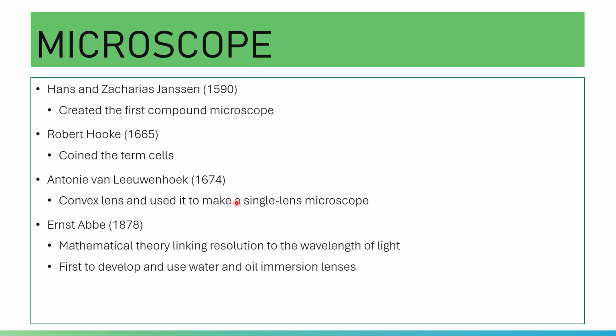Please note that Anthony van Leeuwenhoek is actually regarded as the inventor of the microscope. He utilized convex lenses. But for Hans and Zacharias Janssen's first compound microscope, two lenses were utilized.